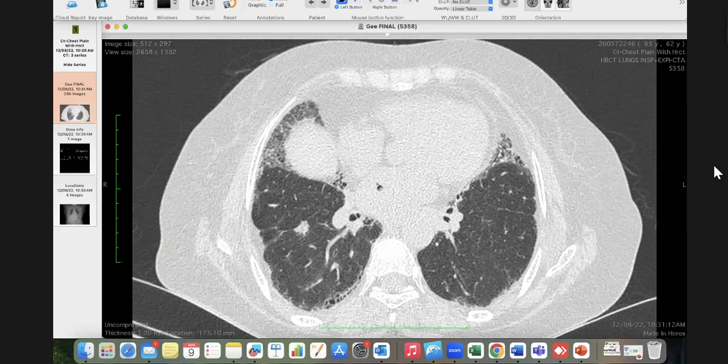If you see honeycombing, UIP is the first thing which comes to your mind. The second thought should be whether this is idiopathic pulmonary fibrosis or there is some underlying pathology which has led to this, right? And if that is also not there, then it is possible it represents an episode of acute exacerbation or there is superimposed infection.